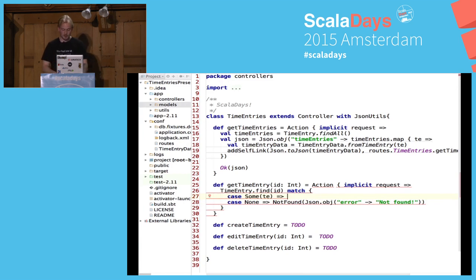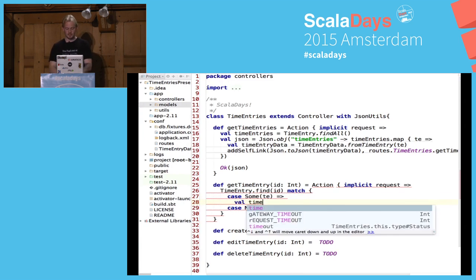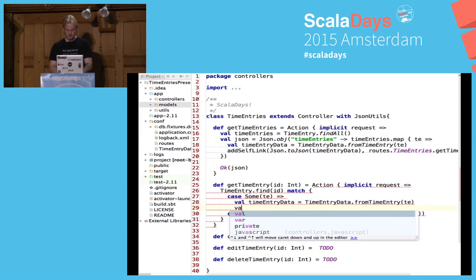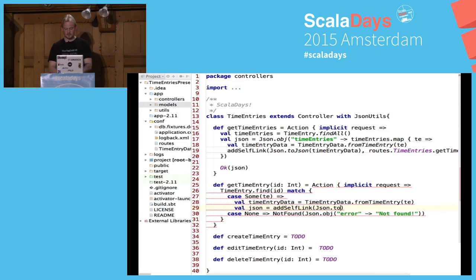And when we have the actual time entry, we first want to turn it into a TimeEntryData. And we do that by using the TimeEntryData companion object with the fromTimeEntry method. And then you want to create a JSON representation out of that. So let's add the self-link and the Json.toJson method, where we pass in that TimeEntryData.